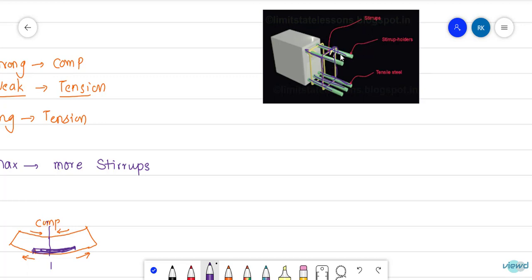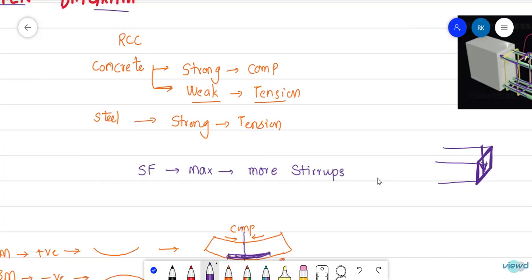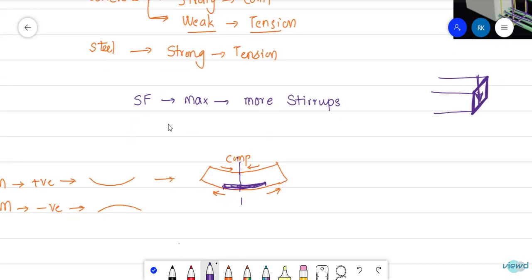These stirrups are used to hold these bars tightly in position. Shear force will be acting like this. So in order to not deflect this reinforced structure, we need to provide more stirrups so that stability is maintained. So when shear force is maximum, more stirrups are used.